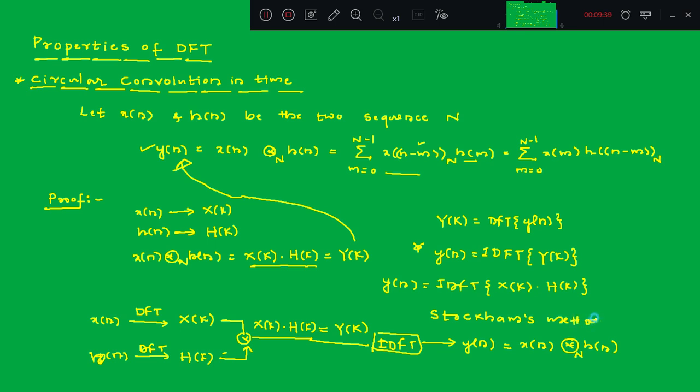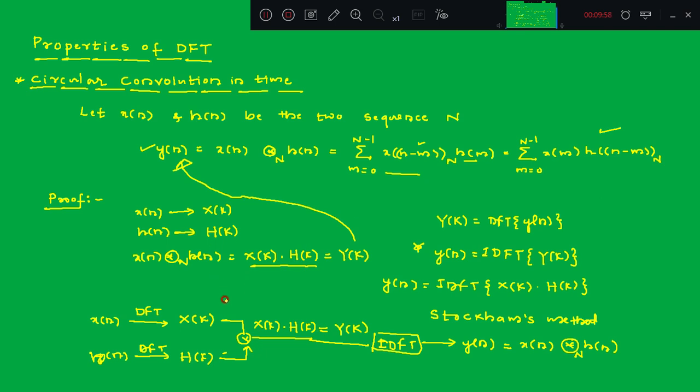So we have got three methods to compute the circular convolution. Either you can use the time domain method, which is this one, and another one is the frequency domain method.